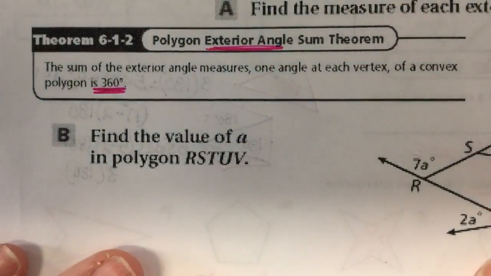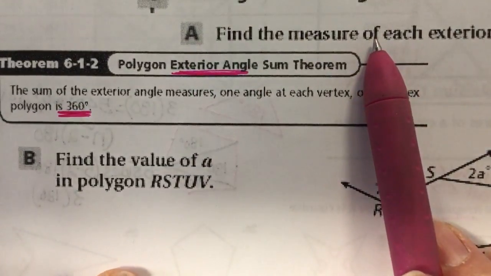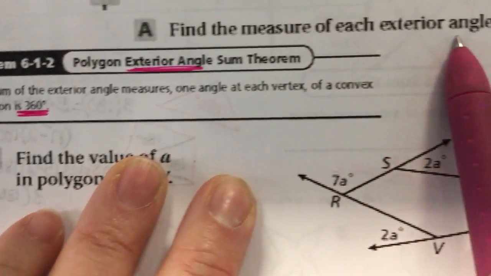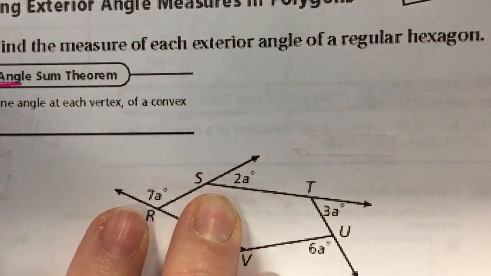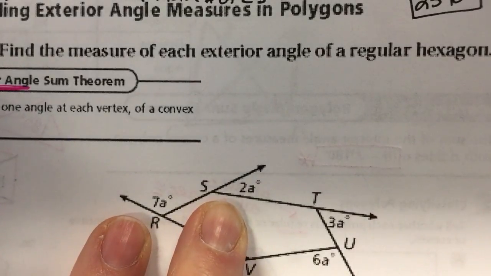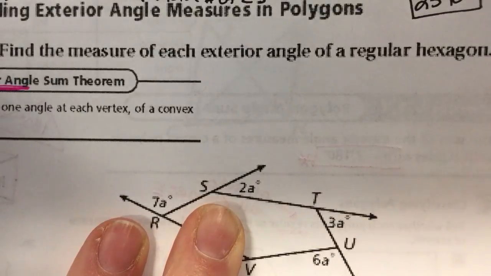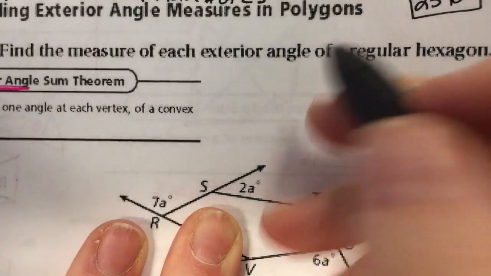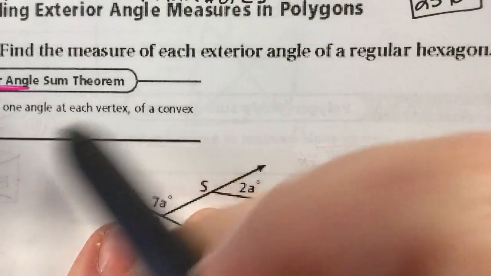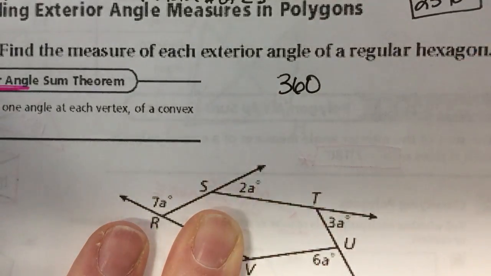All right, so A is right here. Let's do A. It says find the measure of each exterior angle of a regular hexagon. If something is regular, all angles and all sides are equal. So the first thing I need to know is the total. Well, the total's 360, no matter what. Doesn't matter the shape.